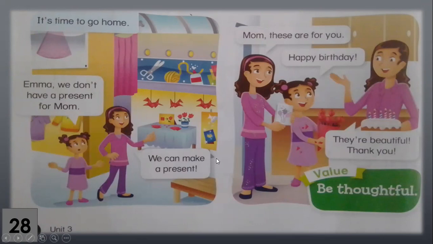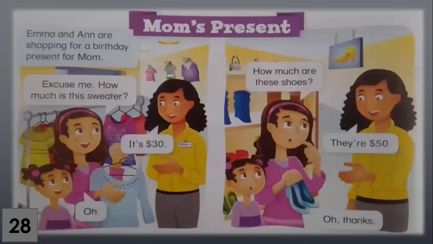So we are going to use this new pattern in order to know the price of something.